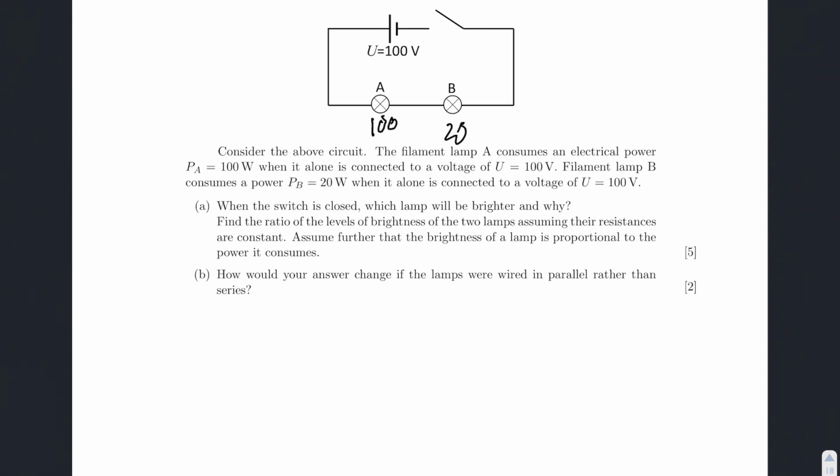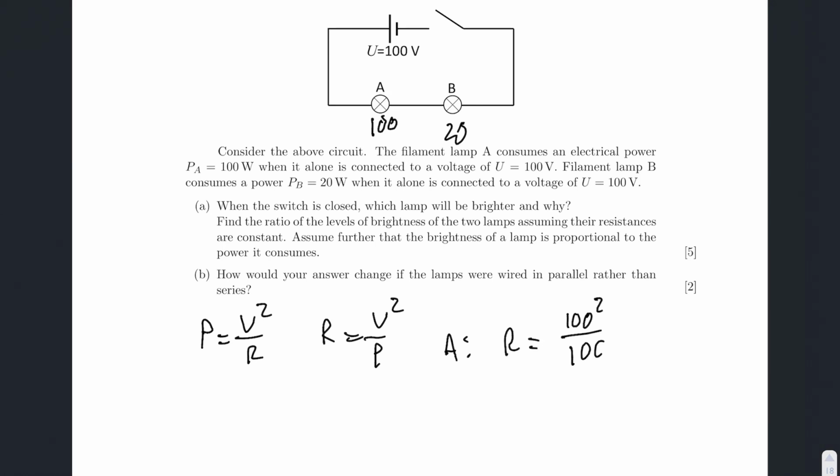Okay. So the first thing we're going to do is figure out the resistance of the lamps, because they're alone in the circuit. We know that P equals V squared over R, so R equals V squared over P. For lamp A, R equals 100 squared over 100, which equals 100 ohms.